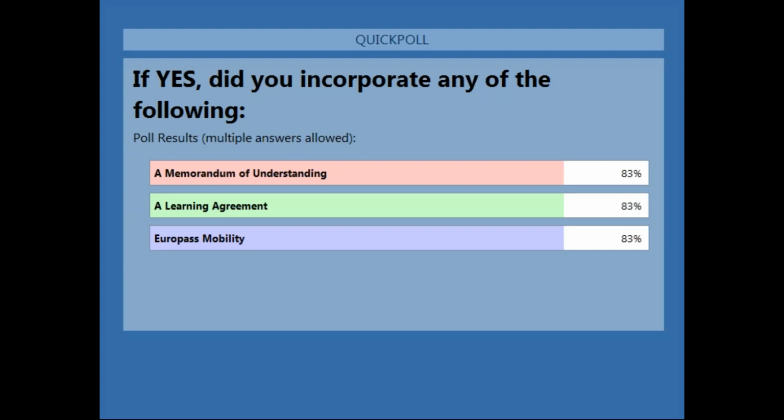So out of the 50% of you who have submitted an Erasmus Plus KA1 application, a high proportion, 83%, use a Memorandum of Understanding. Well, the same figures all the way through. So obviously the same people are using the standard documents for ECVET and using a Europass mobility. So there's quite a lot of experience with a fair proportion of you.